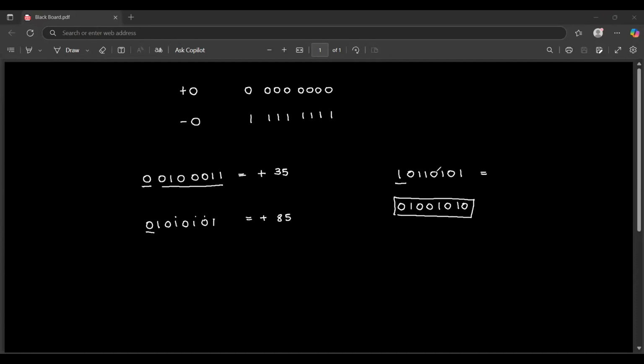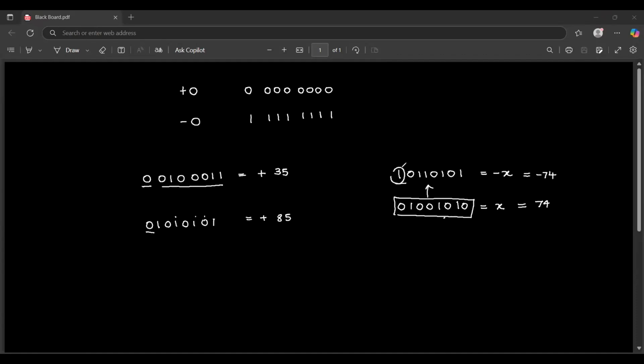If you can't understand this, let's say this value is equal to x, then this value is equal to negative x. So you have to find this number to find that number. What is x here? Well, this is 64, 72, and 74. So this number will be negative 74.